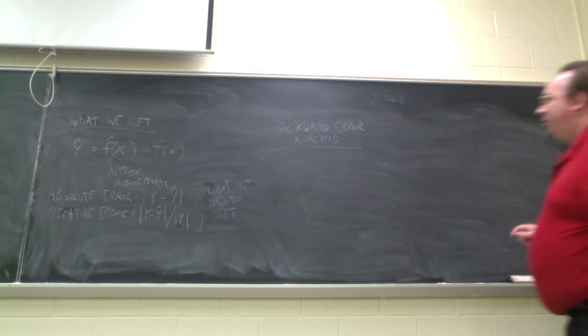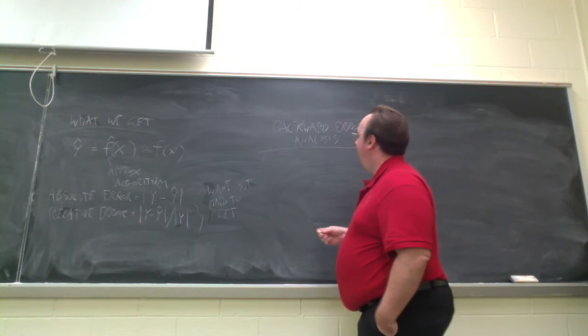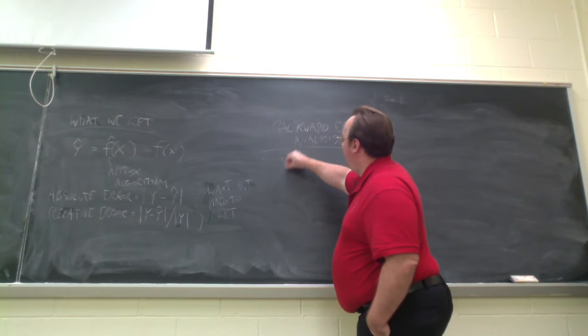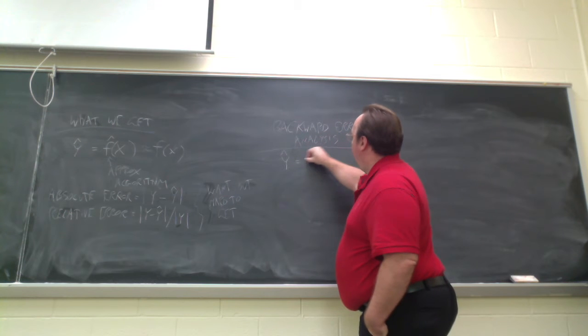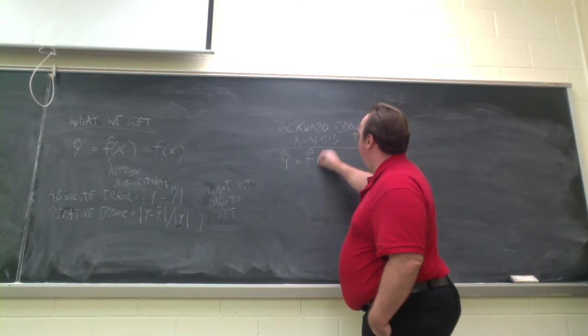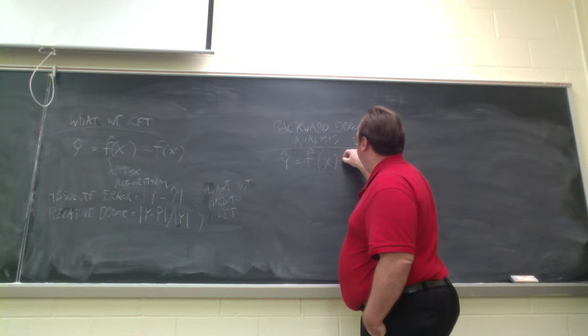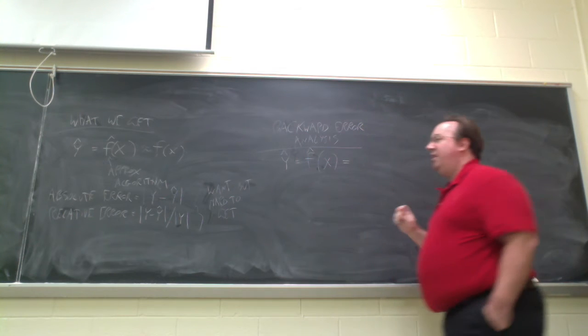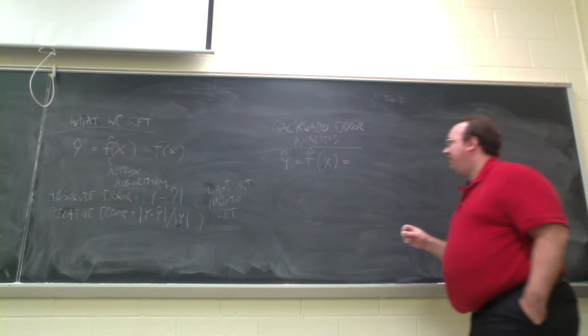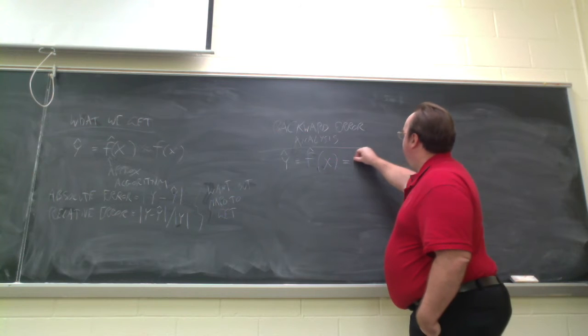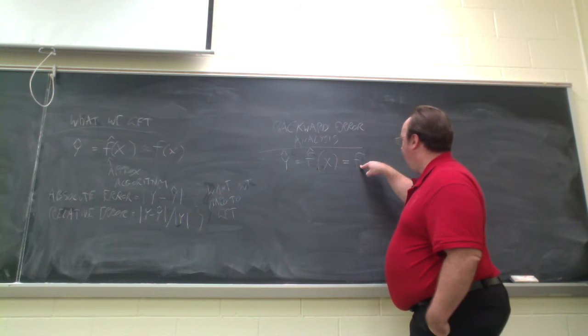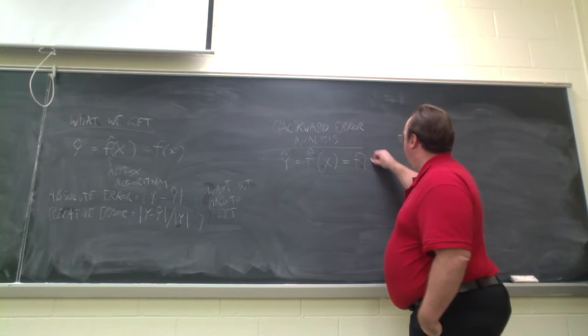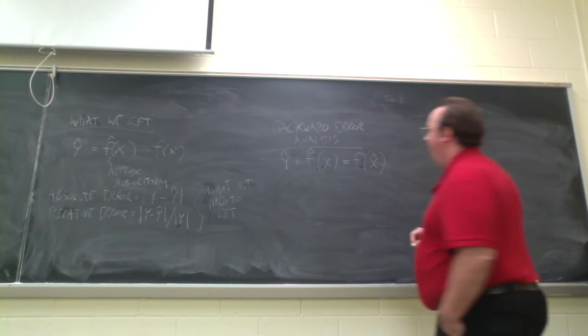Now, the idea behind backward error analysis is that we're making an assumption: that our approximate value, which is an approximate algorithm applied to the true input, can also be thought of as the exact algorithm applied to an erroneous input.